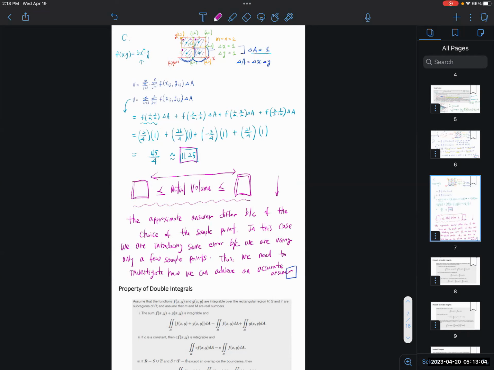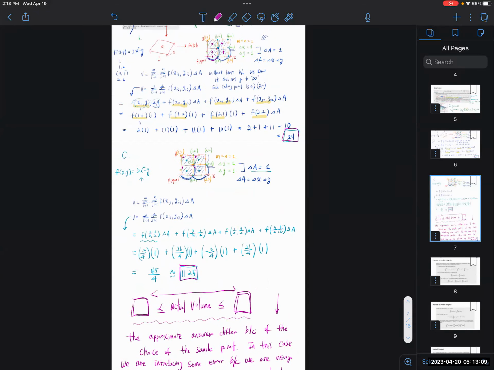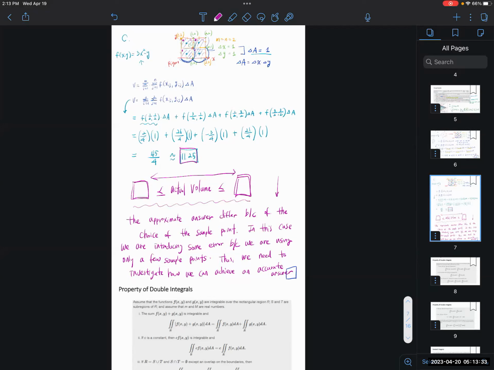That's the ideal situation. But here, honestly, it's hard to choose multiple, like 10 or 11 points. I'm just showing you 4 basic points, like the exact corner point or exact midpoint. But I just want to give you that idea, okay? It does not give you the specific answer. We're just going to get the approximate answer. So the more you try with more sample points, the gap will be reduced.